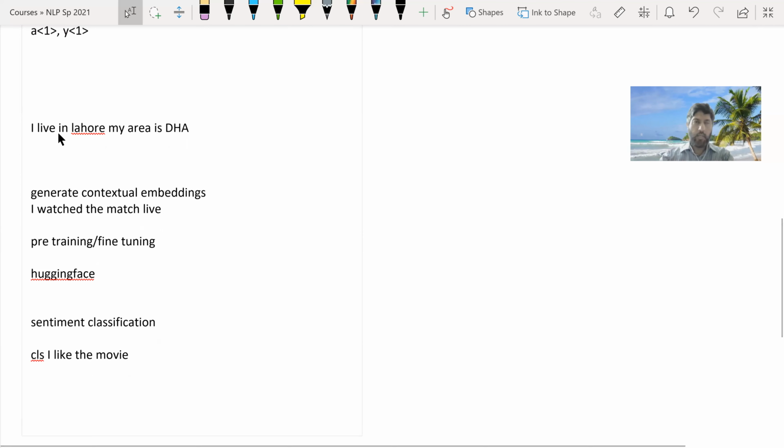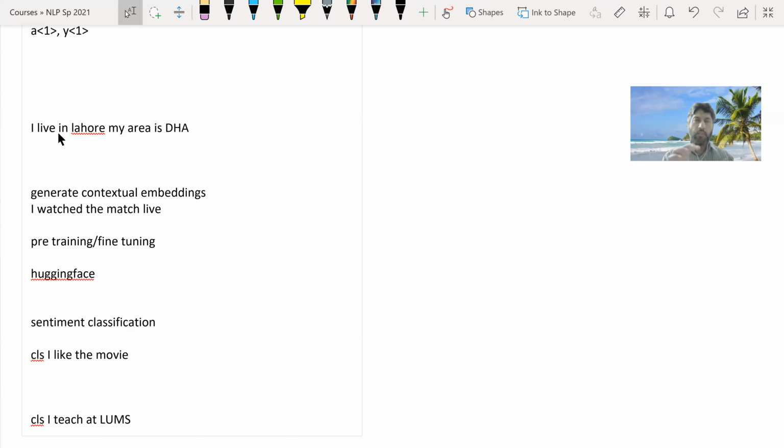Whatever sentence you have, let's say I teach at LUMS. You feed this into the network, and let's say you have a CLS token at the start. The output of the CLS token from this transformer would be like an embedding for this whole sequence of words that comes after it.